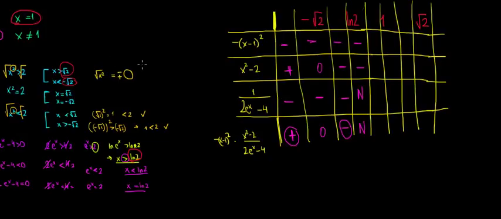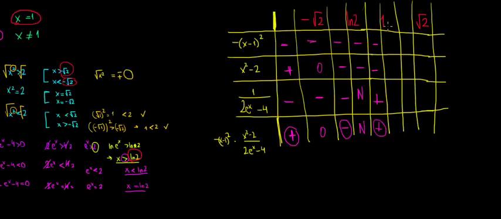Now, 0.8 is different than 1, so the range is negative over here. 0.8 to the power of 2 minus 2 gives minus 1.36, so that's a negative range over here as well. 1 divided by 2 times e to the power of 0.8 minus 4, that's 0.45. 1 divided by 0.45 is a positive value, so it's a positive range. What's the overall result? Minus times minus makes a plus, plus times plus makes a plus, so positive range between ln of 2 and 1.